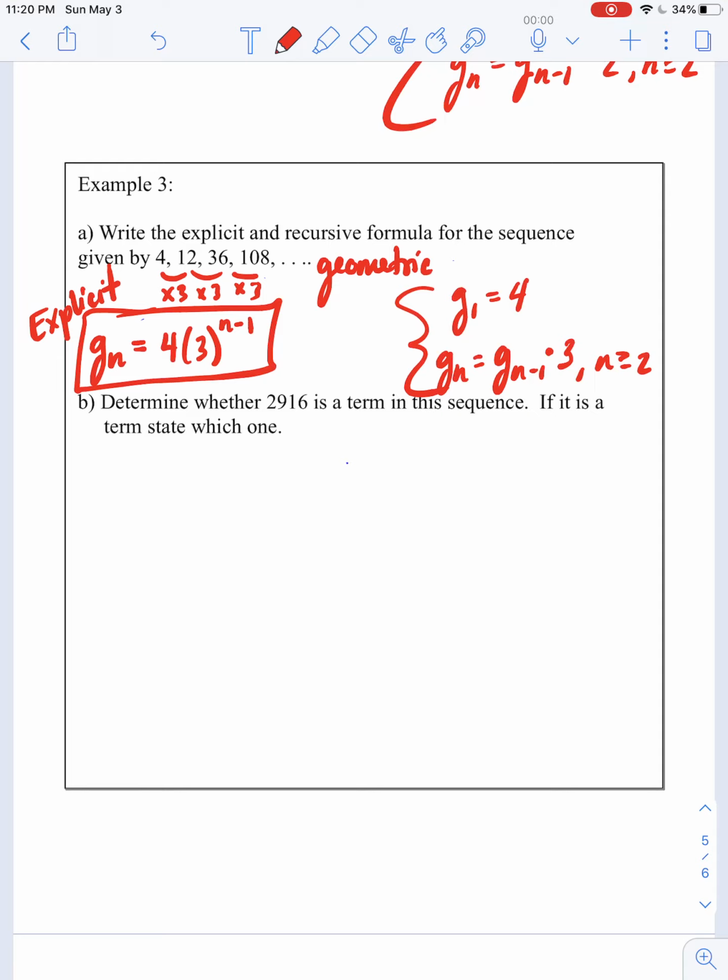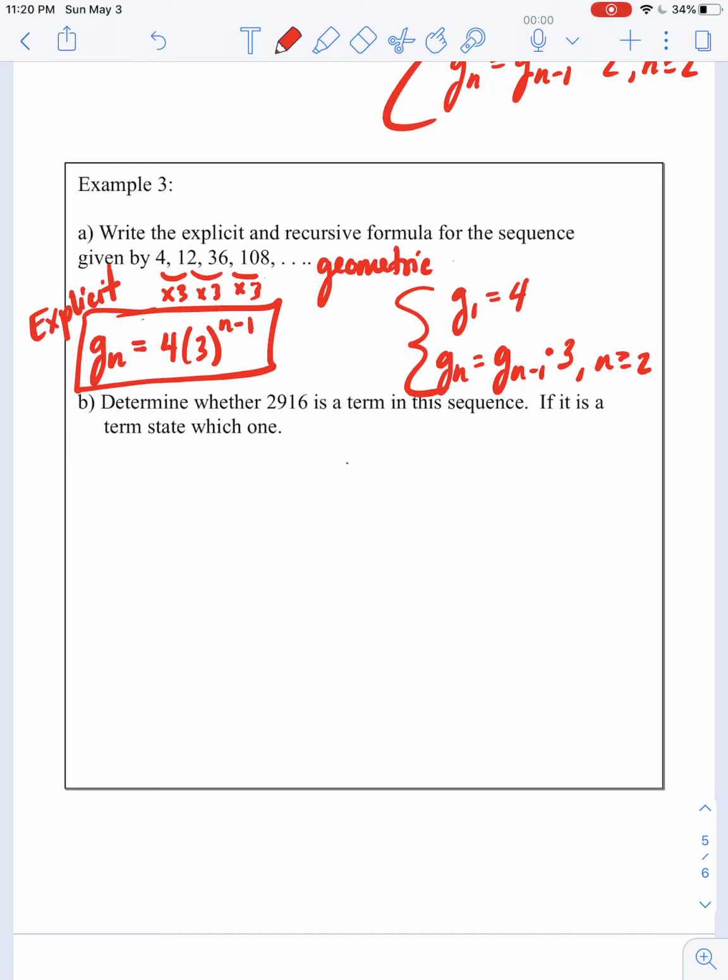So let's take a look at one last example here. This time it tells us that 2,916 is a term in the sequence. Determine whether it is, and then state which one. So this time it's not saying find term number 2,916. It is asking, is 2,916 a term?